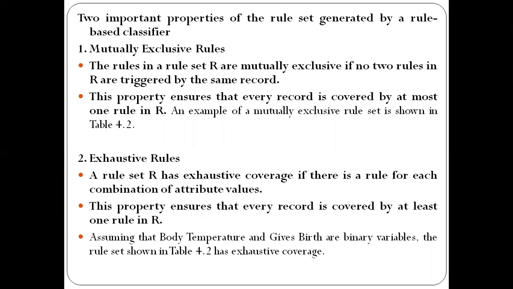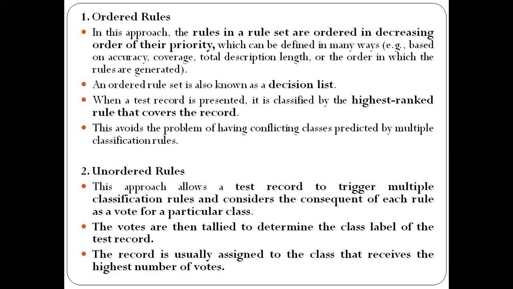Then I explained that if the mutually exclusive property is not satisfied in a rule set, and the same record triggers two or more rules at a time, we will have ambiguity and be unable to assign the class label.